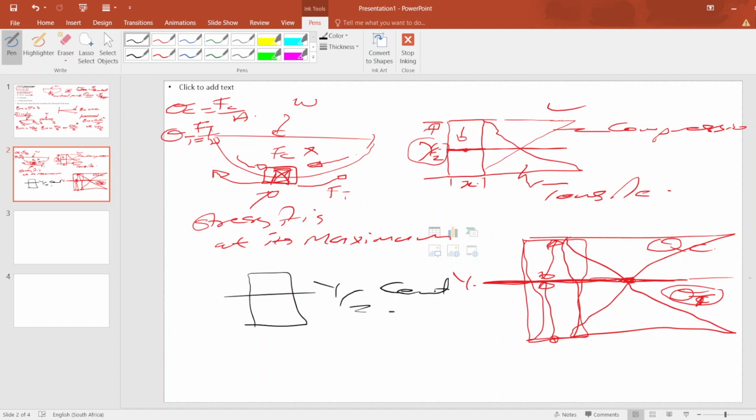Your centroid. If it's a round bar, then your round bar will be diameter divided by 2, then you get your centroid, which would be the radius, because from the center to the circumference, it is what? It is radius, d divided by 2.